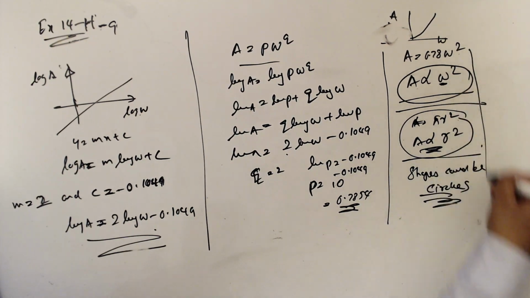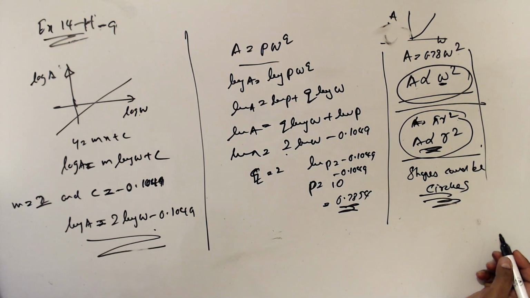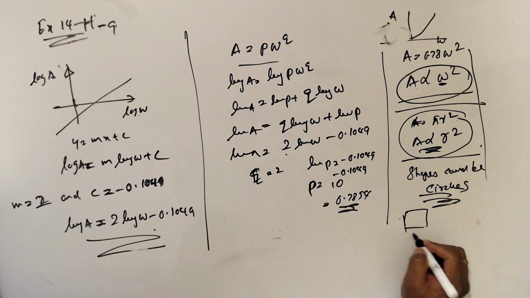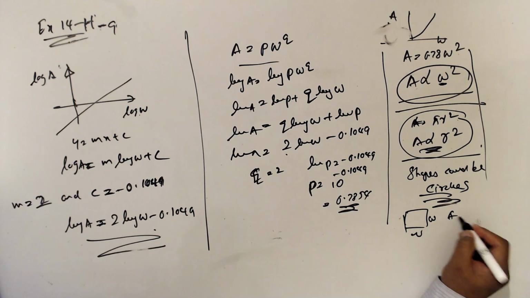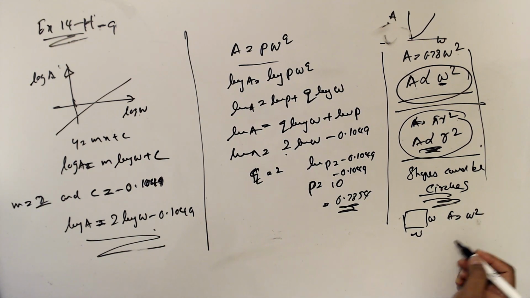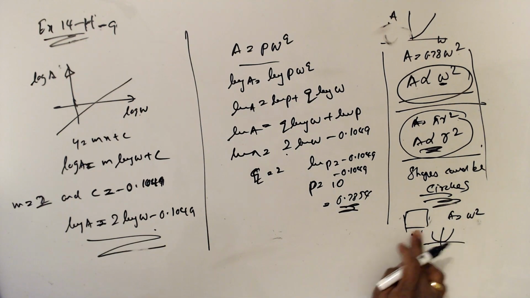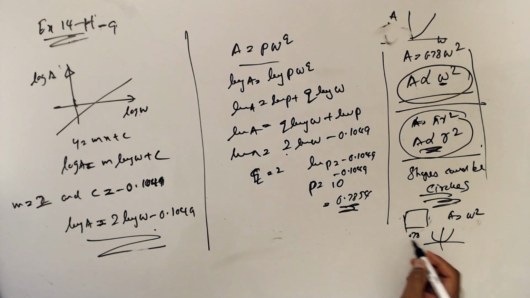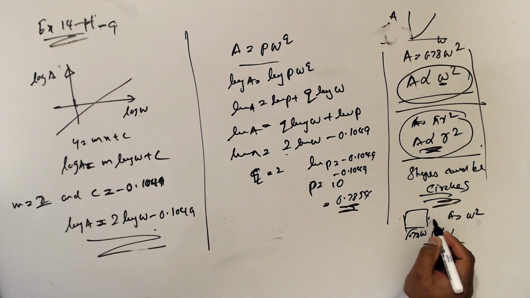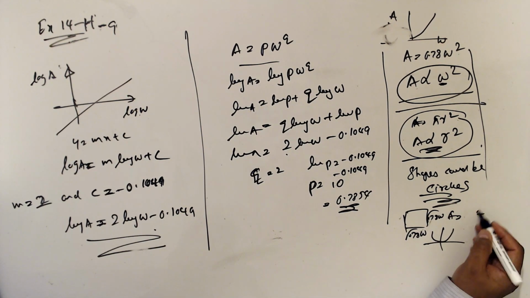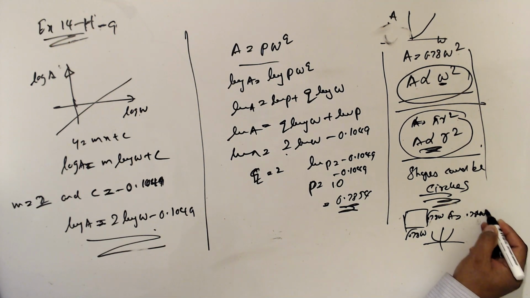Do you think it could be a square? If you take this is W, then A equal W square. So that is also a quadratic graph. Actually, this is 0.78 W square, and this is also going to be 0.78 W square.